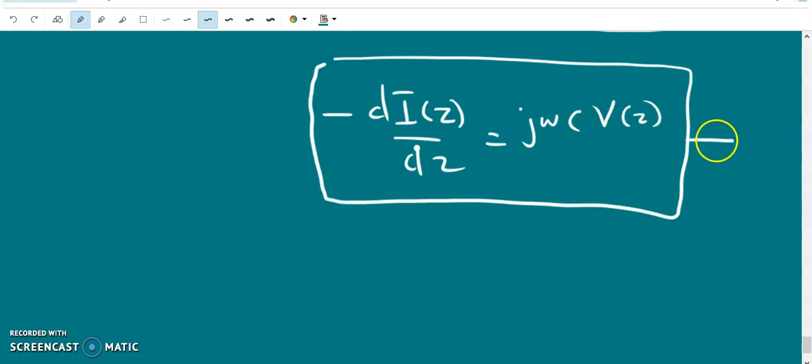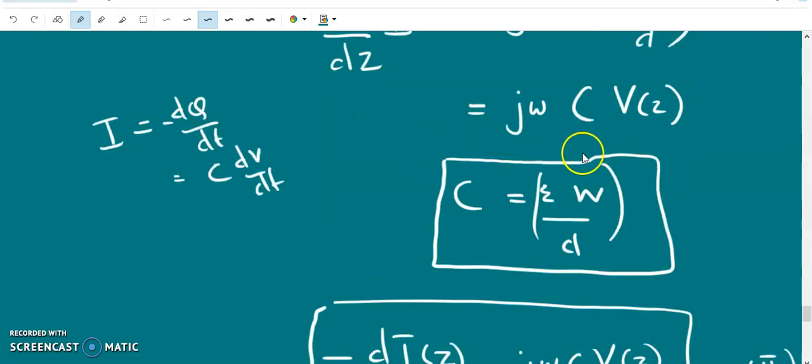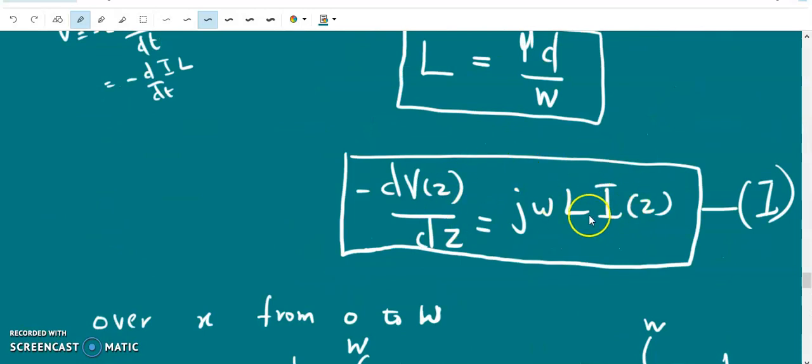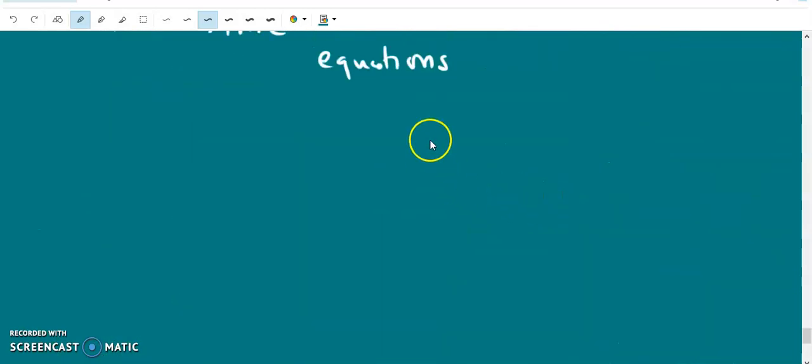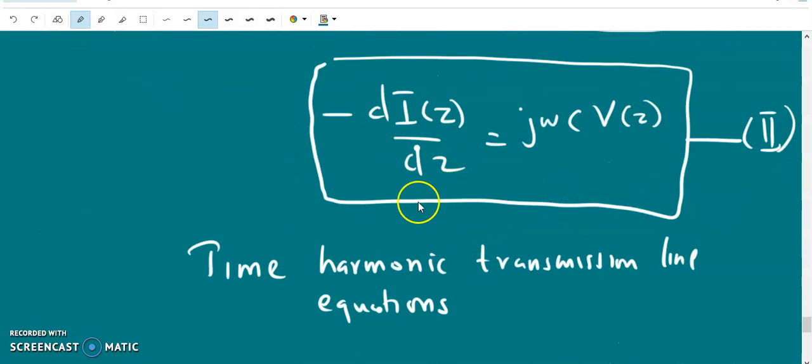So these equations, Roman letter 1 and Roman letter 2, constitute a pair of time harmonic transmission line equations. So this one and this one together form the time harmonic transmission line equations.